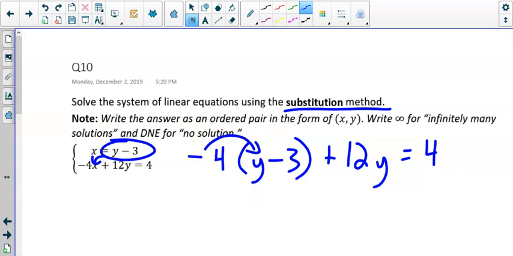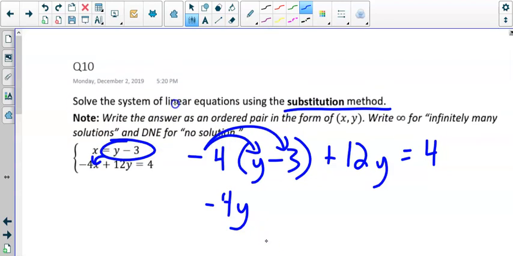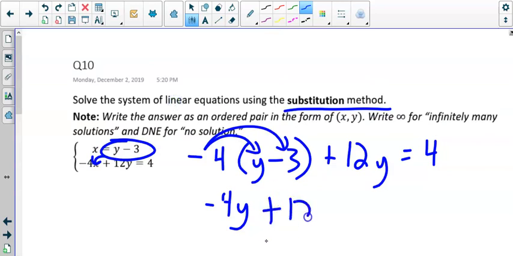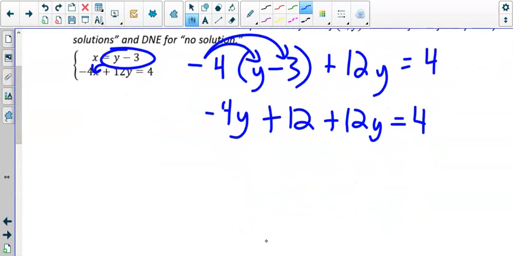So negative 4 times y gives us negative 4y. What's a negative 4 times a negative 3? Positive 12. Okay? And then we still had the plus 12y equal to 4. Now what are we doing? Minus 12 to both sides, that's fine.